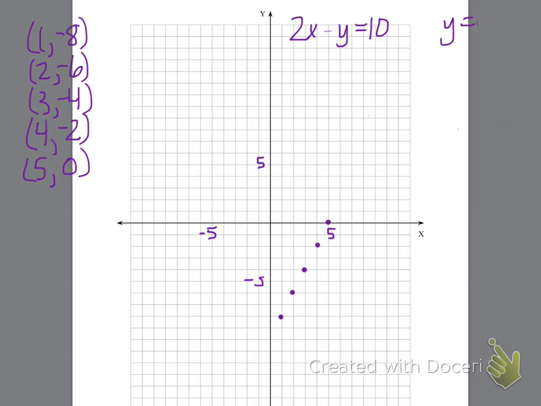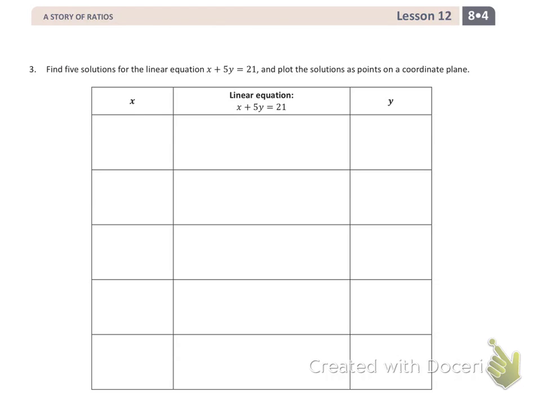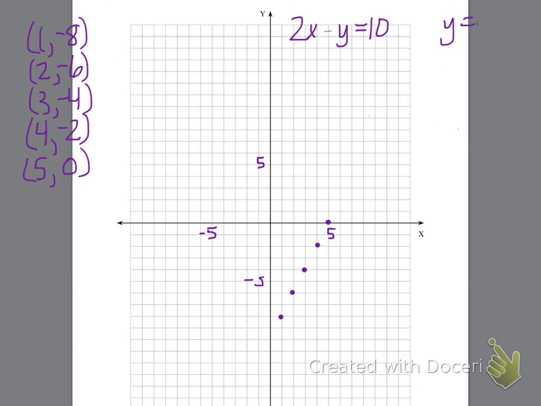So if y is 5, then this equation becomes 2x minus 5 equals 10. And if I add 5 to both sides, I get 2x is equal to 15.